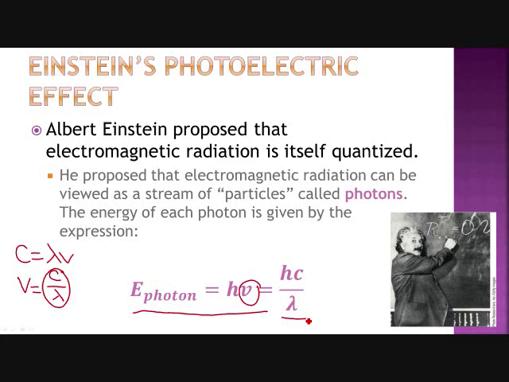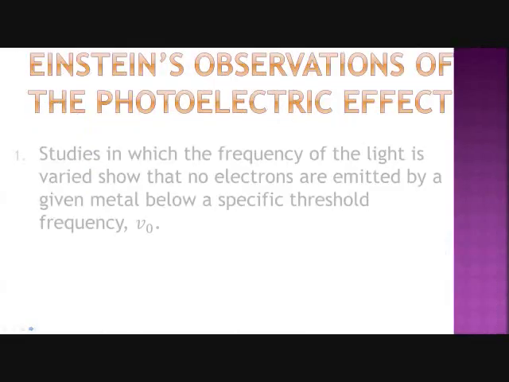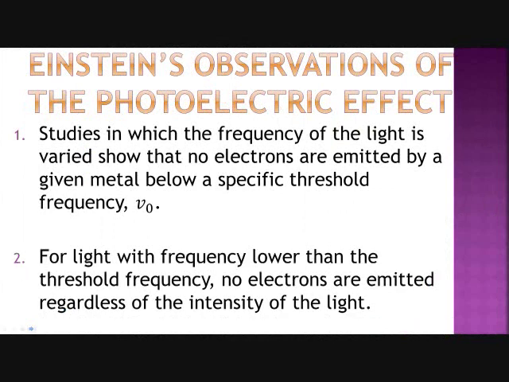And from his findings with the photoelectric effect, he found that the frequency of light varies, and you're able to come up with a specific threshold frequency, where if you are below the threshold, then when you shine light onto a metal, no electrons are emitted. And this correlates directly with our EMR spectrum and what we talked about yesterday, the lowest wavelength of color and the highest wavelength of color.